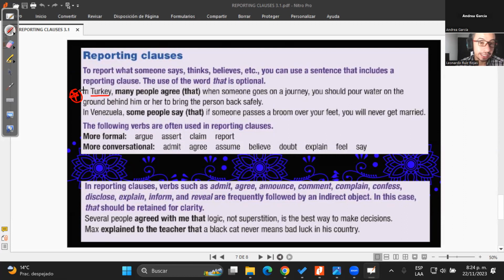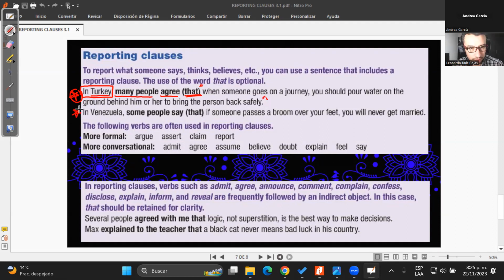Very good. First, they start with the place because the messages or the beliefs can change from one place to another. So in Turkey, then they say many people agree. Agree means that they have the same opinion, and then the use of that, and then the message. When someone goes on a journey, and so on, the whole message complete, right?